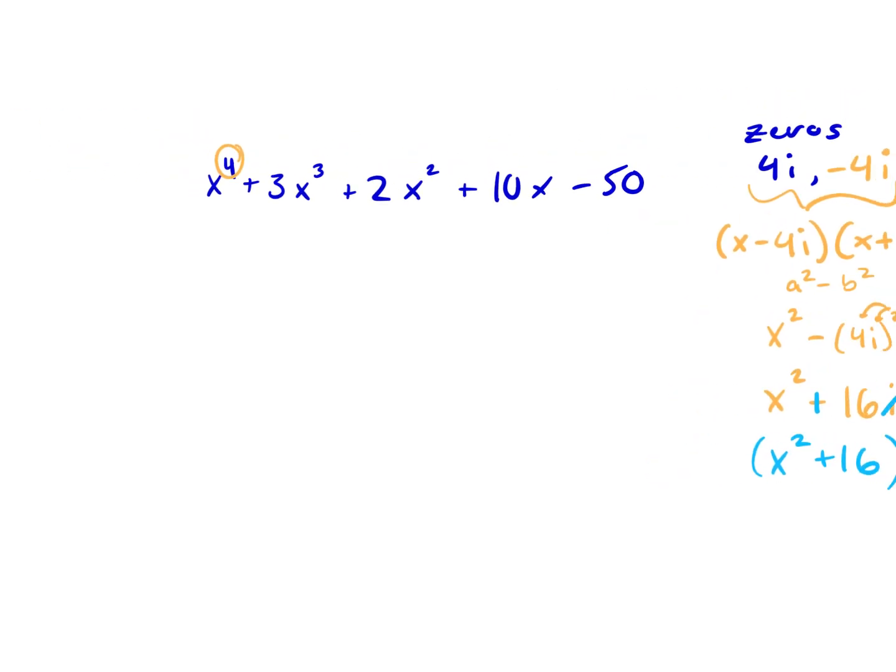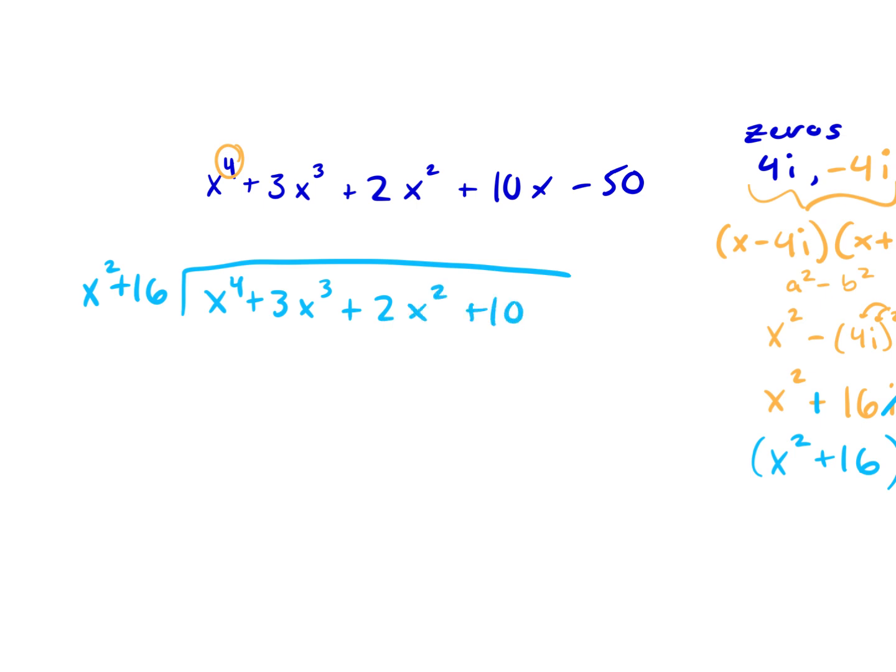Again, these numbers are not going to work out because I made them off the top of my head. But we would do long division. We've got x to the 4th power plus 3x cubed plus 2x squared plus 10x minus 50. When you divide, what's our remainder going to be? 0. When you do problems like this and it gives you a factor and you have to find your remaining factors, when you do long division, your remainder is going to be 0.